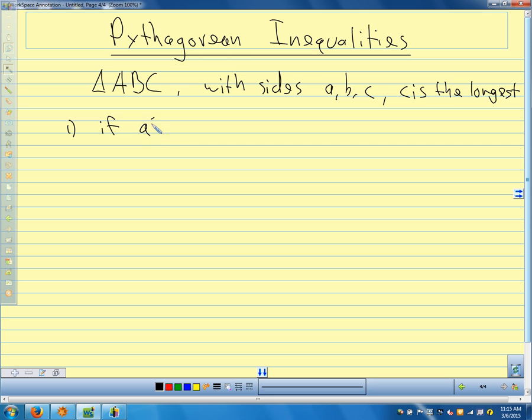If a squared plus b squared, I'm going to write it the opposite direction, if c squared equals a squared plus b squared, what did we just decide? What does that tell us about the triangle? It's a right triangle. If a squared plus b squared equals c squared, it is a right triangle.